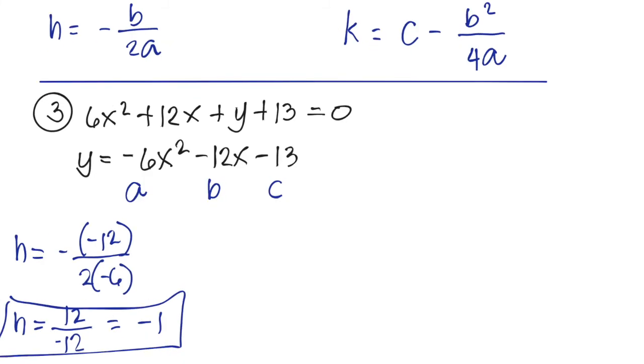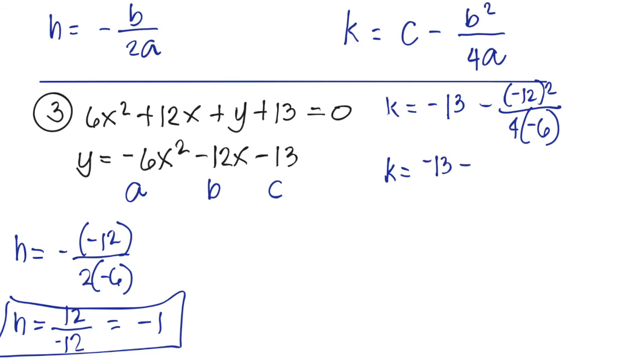So our k will be k is equal to negative 13 minus b, which is negative 12, squared over 4 times negative 6. Then we have negative 13 minus 12 squared, which is equal to 144, over negative 24.